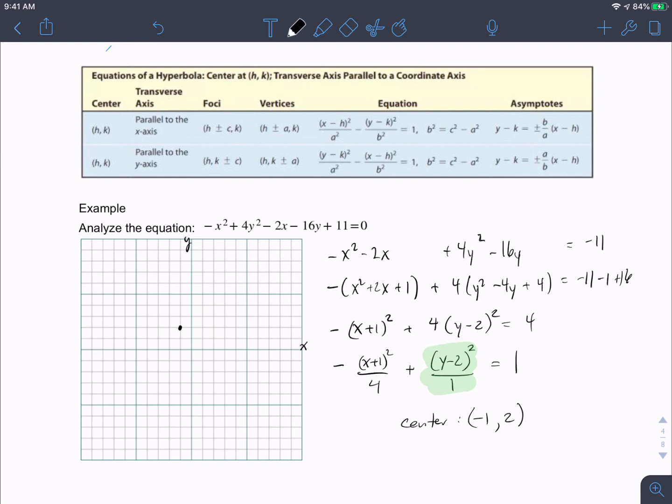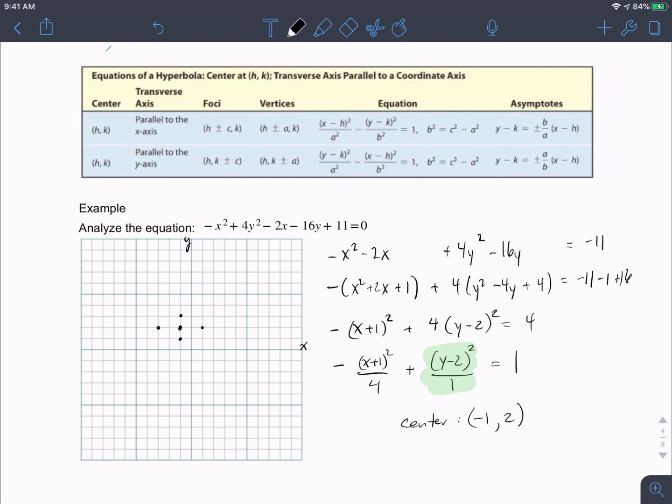My x, since we have a 4, square root of 4 is 2, so we need to go 2 over to the right and 2 over to the left. And then to find our y terms, we're going to go up 1 and down 1.